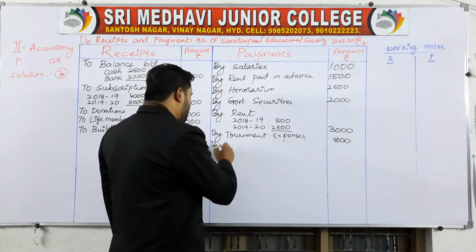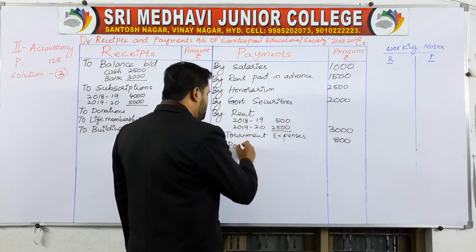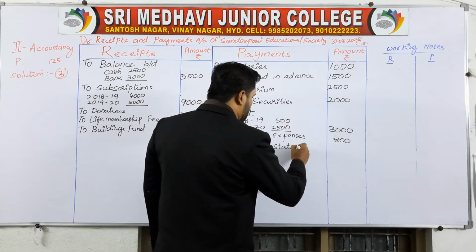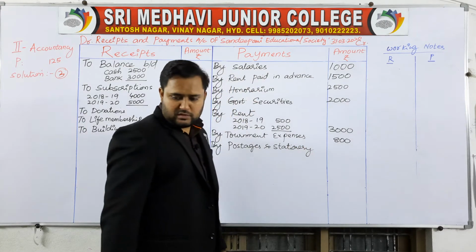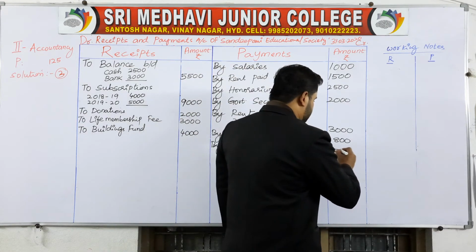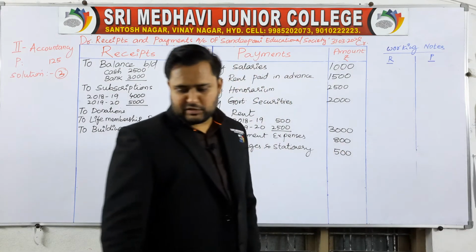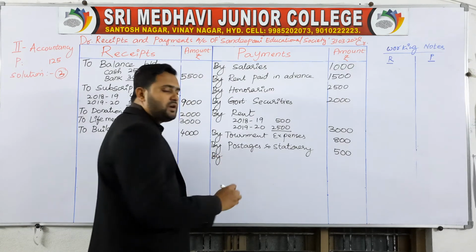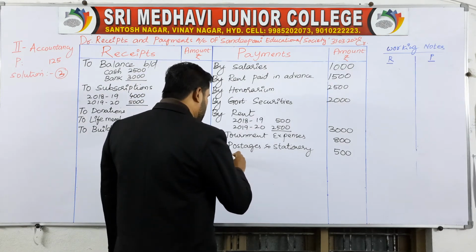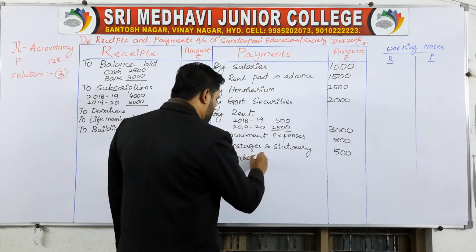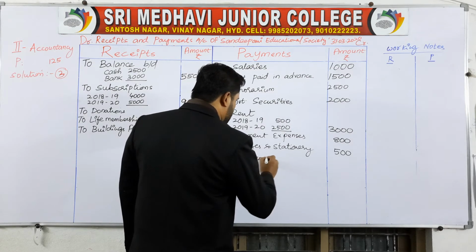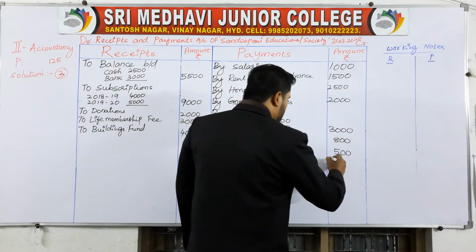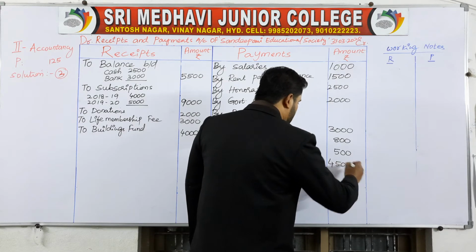You made a payment for postage and stationery: by postage and stationery 500. Lastly, purchase of books. As soon as you purchase books, you have made a payment. So by purchases of books 4500.